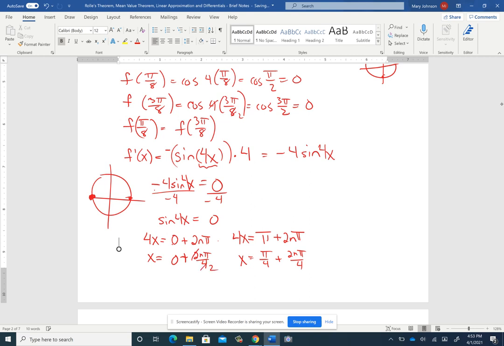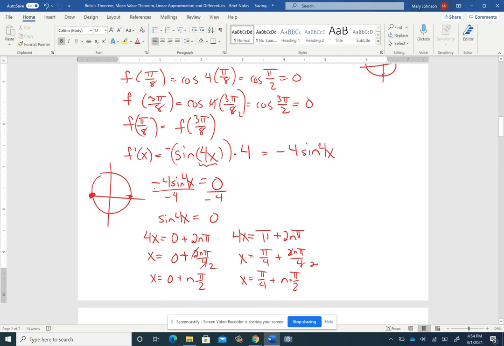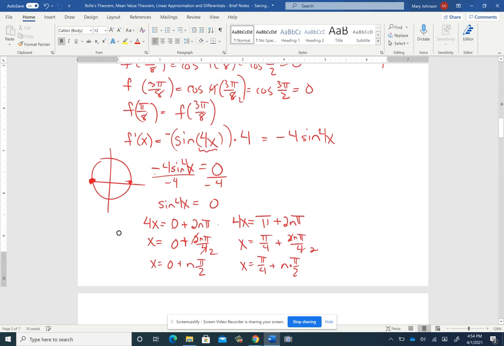And that can be simplified. So x would equal 0 plus n times pi over 2, so any multiple of pi over 2, or x would equal pi over 4 plus a multiple of pi over 2, okay? All right, so here's where what we would have done in trig is we would have started plugging in a 0 for n, a 1 for n, a 2 for n.